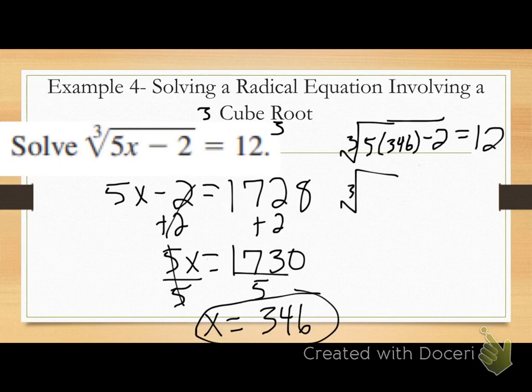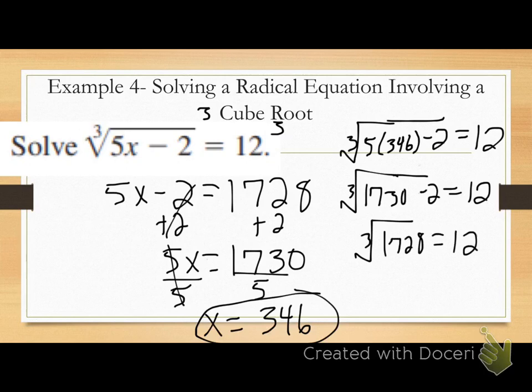Five times 346 is 1730. The cube root of 1728 is 12. So it checks out.